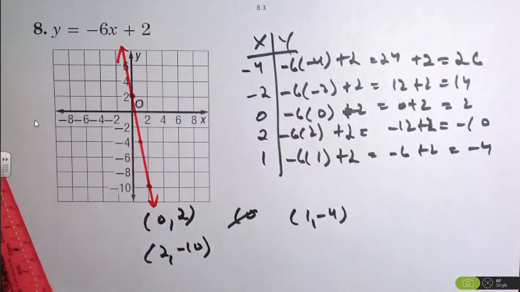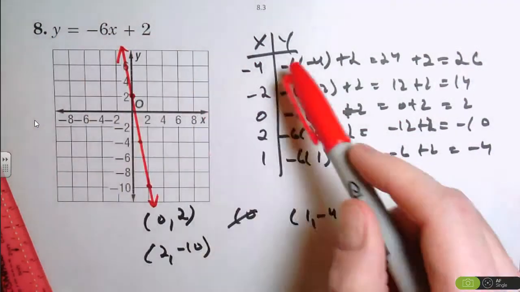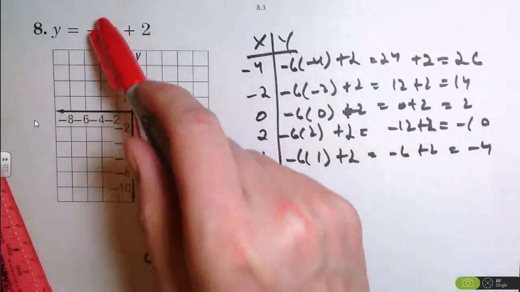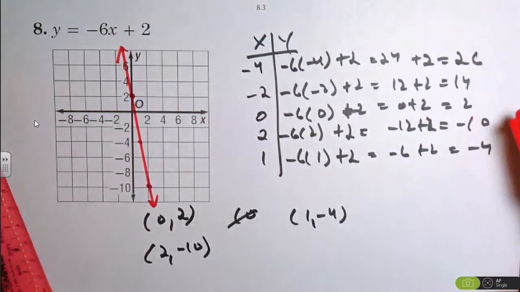There we go. And remember, there are all these points that make this statement true, but to represent them all, the easiest way, besides making a table, because that's only a certain set, is to make a line.